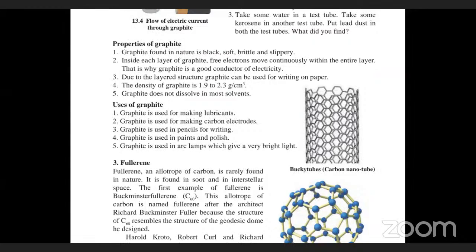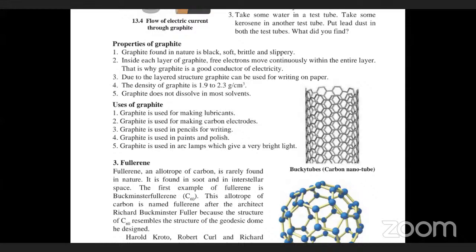Now, second property: inside each layer of graphite, free electrons move continuously within the entire layer. That is why graphite is a good conductor of electricity.